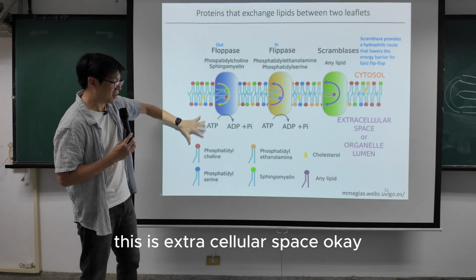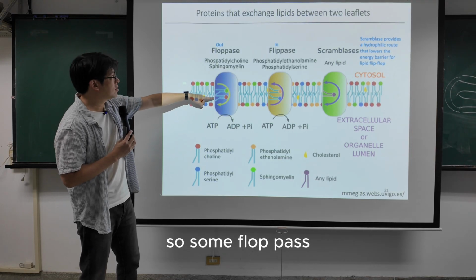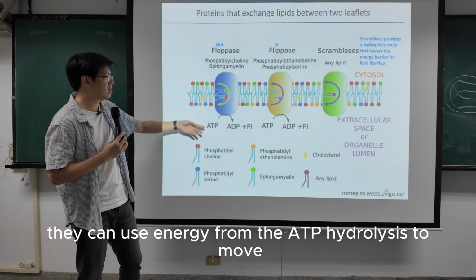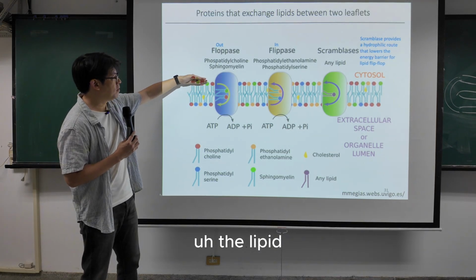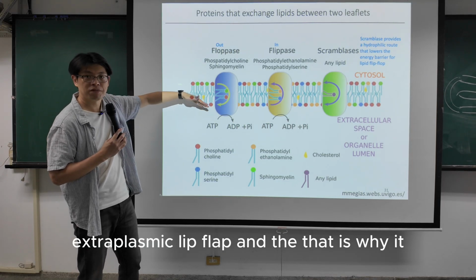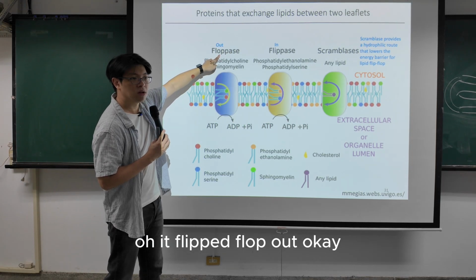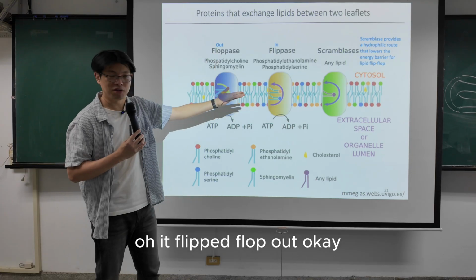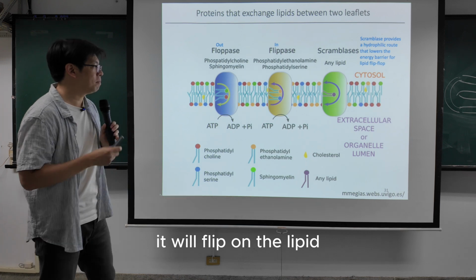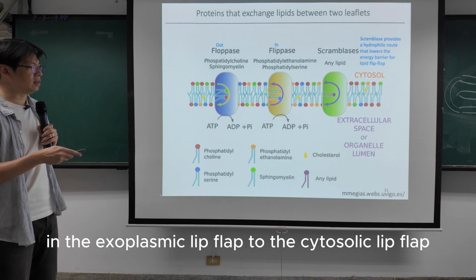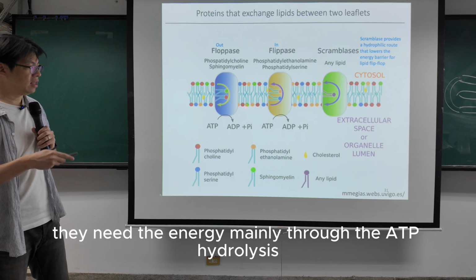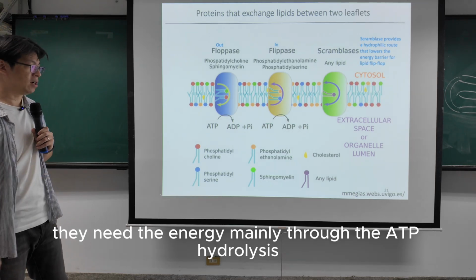Some flippases use energy from ATP hydrolysis to move the lipid from the cytosolic leaflet to the exoplasmic leaflet, and that is why it flops out. The other type also needs energy. It will flip the lipid in the exoplasmic leaflet to the cytosolic leaflet, mainly through ATP hydrolysis.